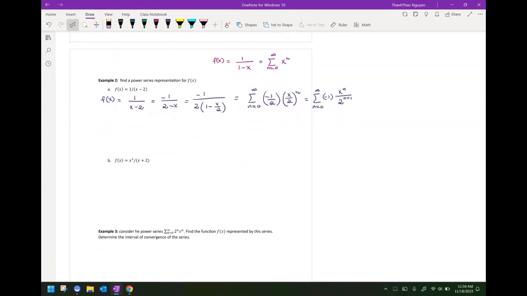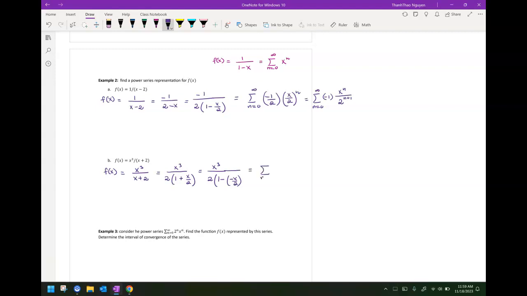Okay. So here's x to the third. So f of x equals x to the third divided by x plus 2. This is x to the third divided by 2 times 1 plus x over 2, which equals x to the third divided by 2 times 1 minus negative x over 2.